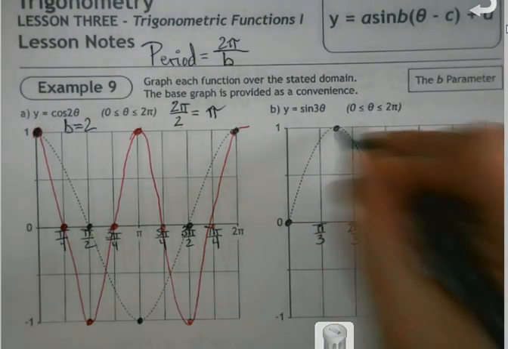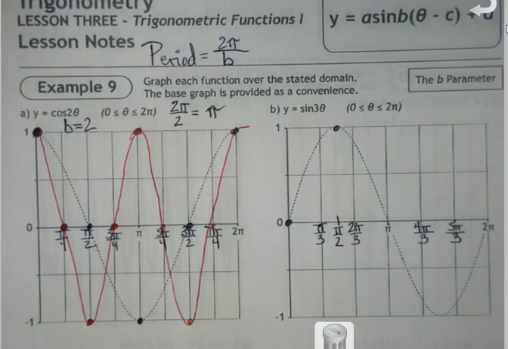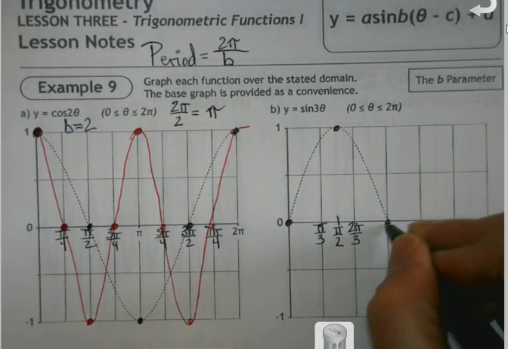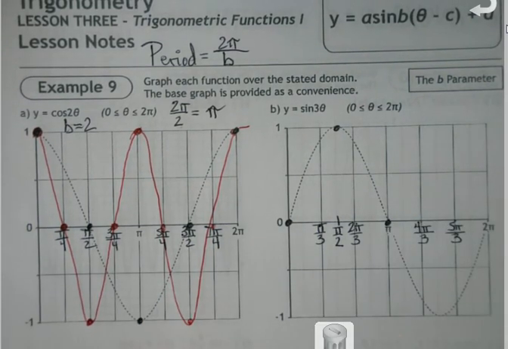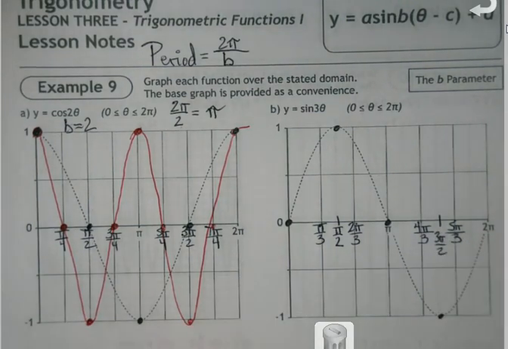This is still pi over 2, even though it's not labeled there. Again, like I said before, your base graphs are never going to change. Pi is still at 0. This is still 3 pi over 2, just like it always has been. And this is still going to be 2 pi.